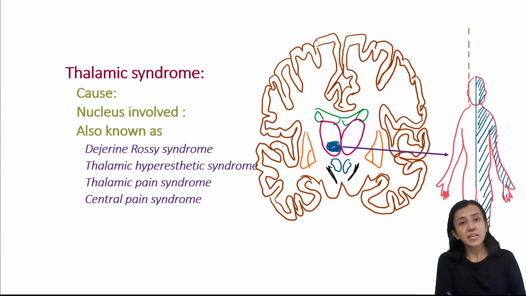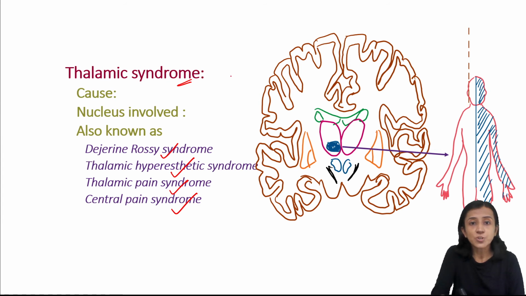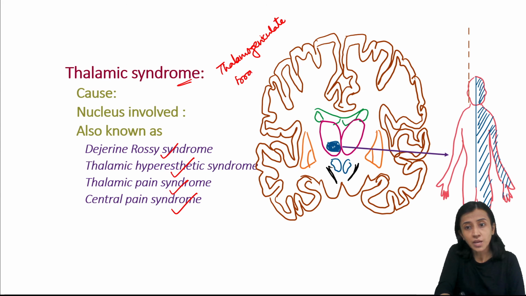Lesion of thalamus may be asked clinically as a short note like thalamic syndrome. Other names for thalamic syndrome are Dejerine-Roussy syndrome, thalamic hyperesthetic syndrome, thalamic pain syndrome, and central pain syndrome. What is the cause of this thalamic syndrome? It is because of thrombosis of the thalamogeniculate branch of posterior cerebral artery.